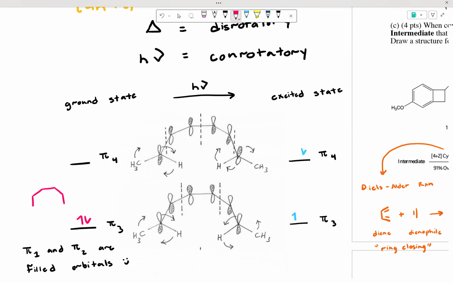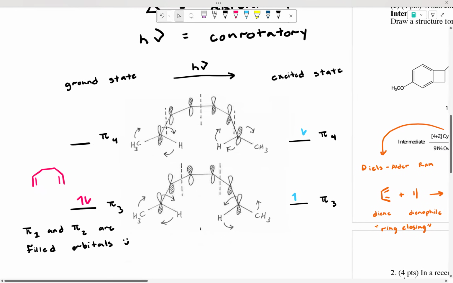And I believe we have pi bonds there. We have at least 2 pi bonds here. No, we actually have 3 pi bonds, so 6 total electrons.